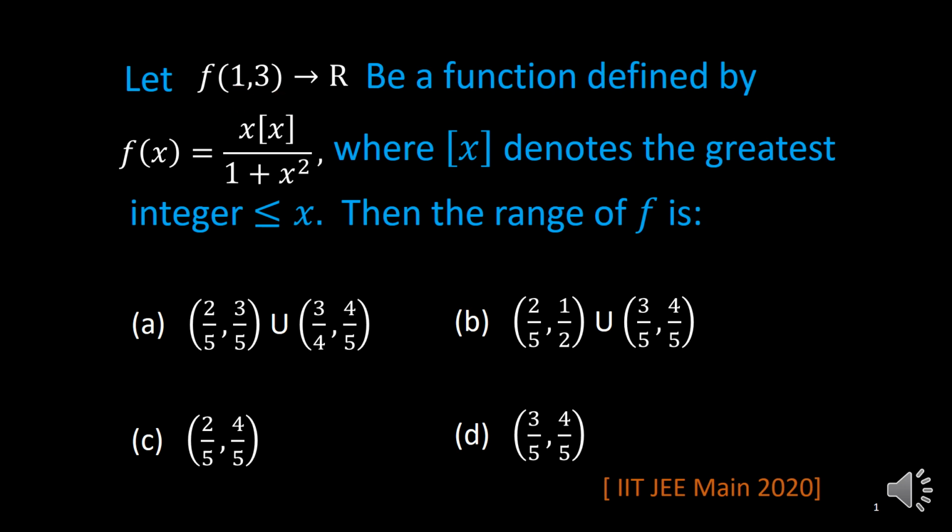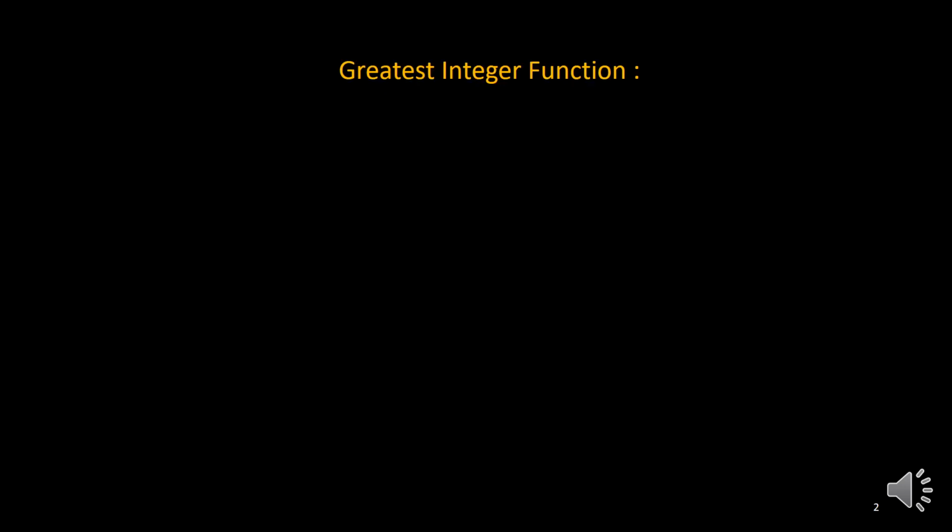Now we'll start discussing the greatest integer function. This function uses these two symbols. There is one difference: in this one there is a bracket only on this side, on top it is not given.